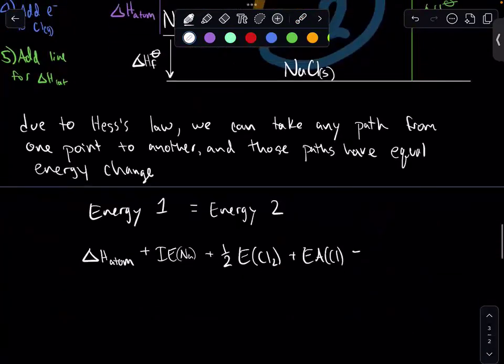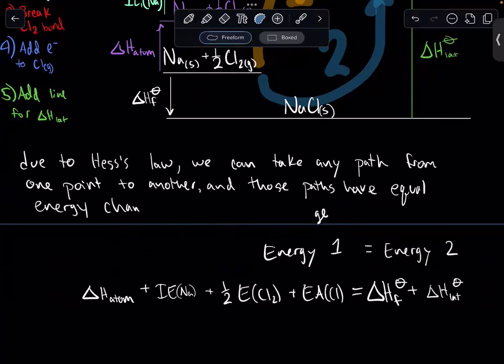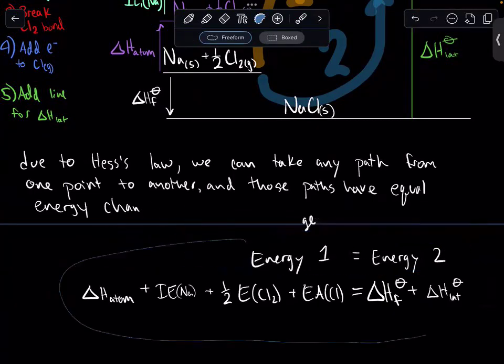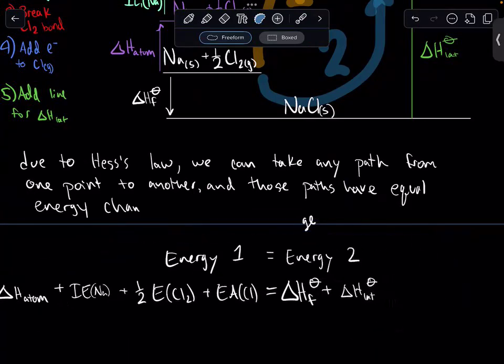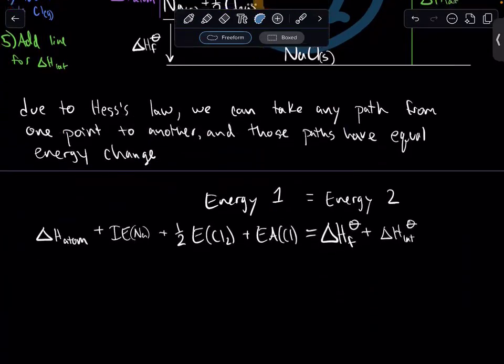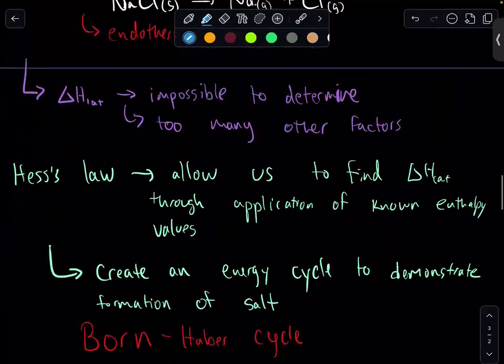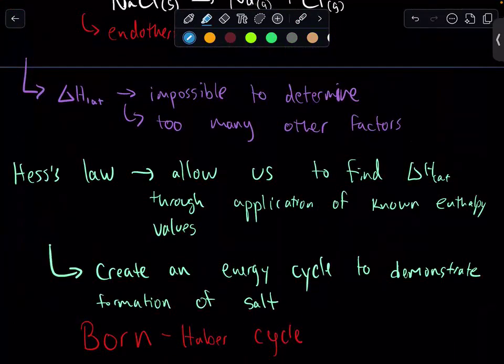This is therefore equal to delta H of formation plus delta H lattice. I like to keep all of my things kind of in the same general area. I like to line up my equal signs. All right, so Hess's law allows us to make this comparison. And what I mentioned at the top of this is that it's impossible to determine the lattice enthalpy experimentally.